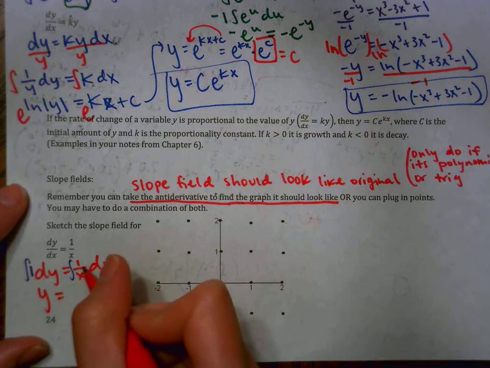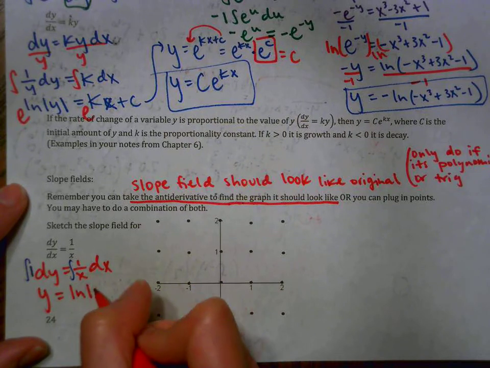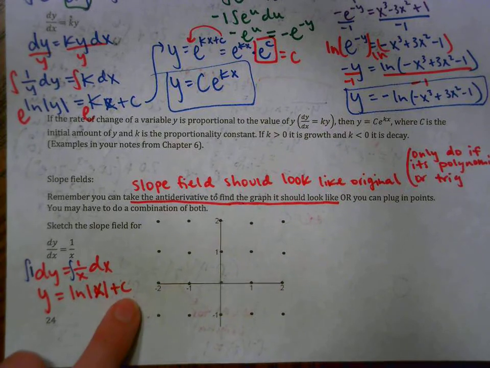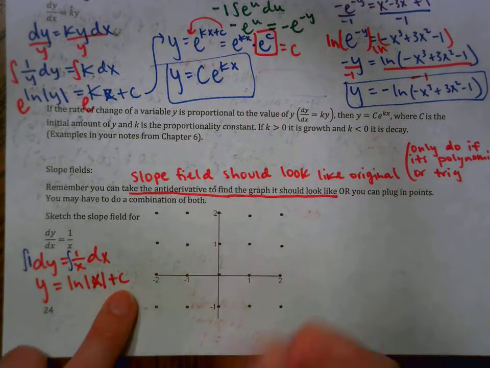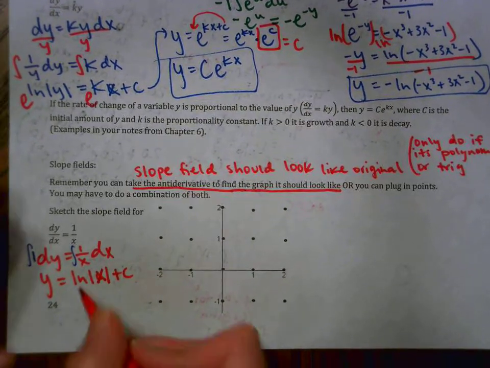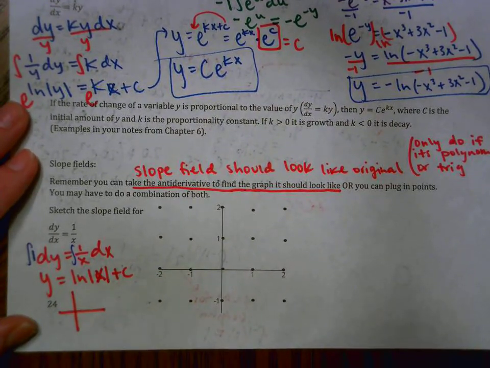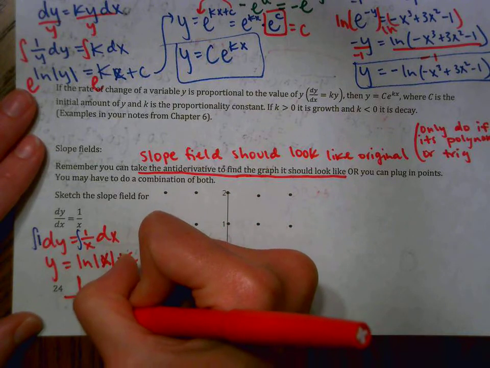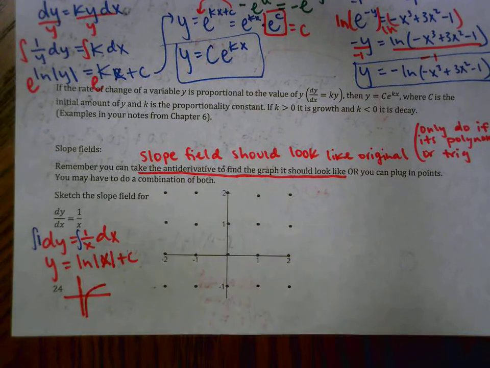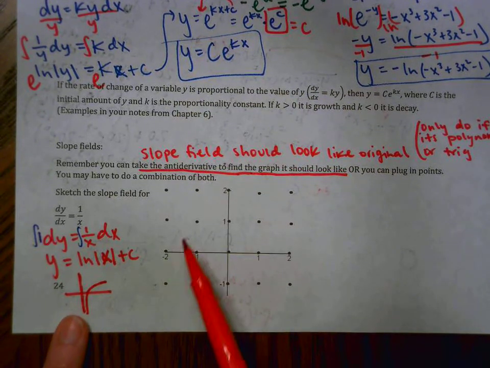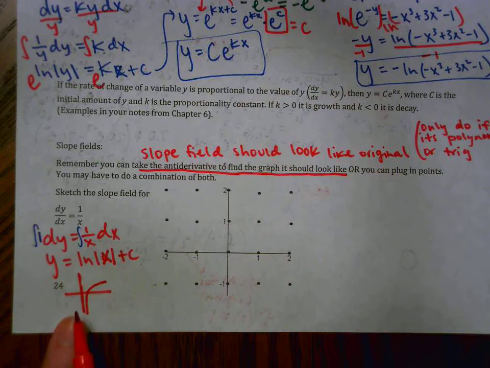And then y equals the integral of 1 over x, which is natural log of x plus c. So it has some vertical transformation. C is like a vertical transformation. So what does natural log of x look like? That's your xy graph. It has a vertical asymptote and it goes up along like that. So how would we take that and put it on here? That's kind of difficult. So let's try the other way, but we have this to make sure we're doing it right.